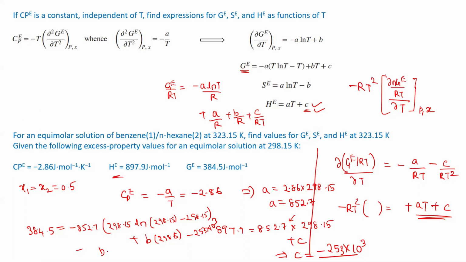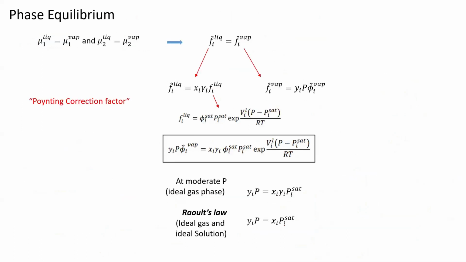From here, you will get B equal to 40. Okay. So now you have A, B, and C. And I want to find out these values at this temperature. Just substitute the A, B, C values and the temperature values there, and you will get the values for HE, Cp, sorry, SE and G.